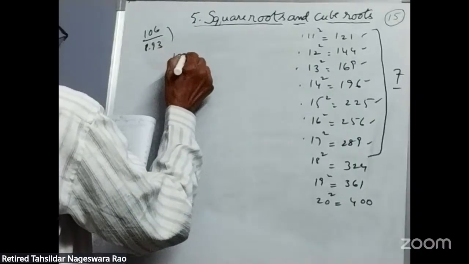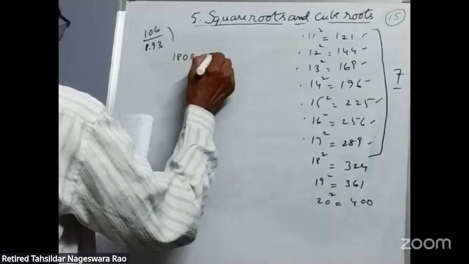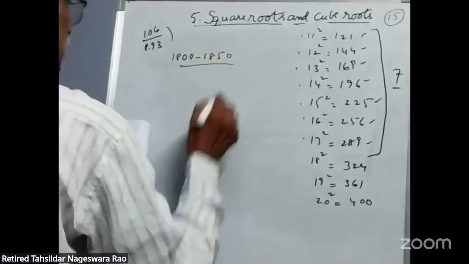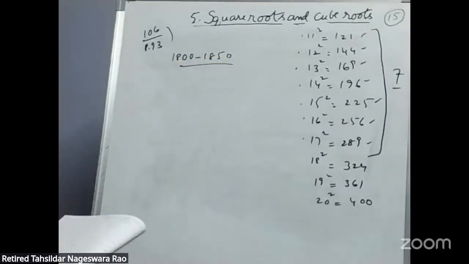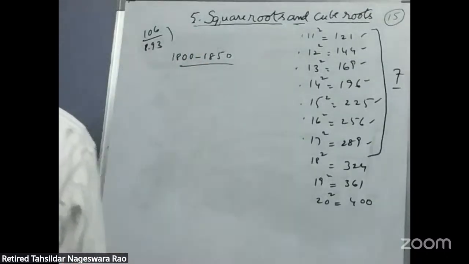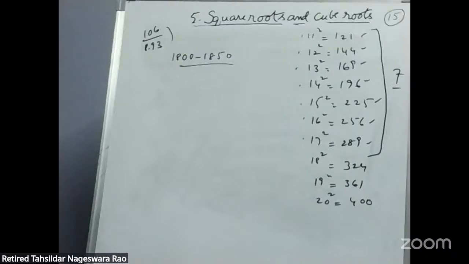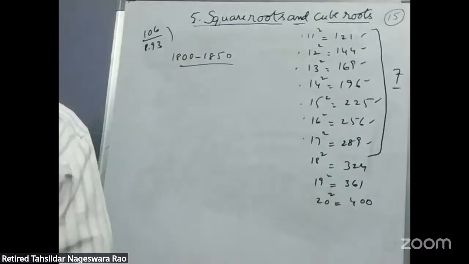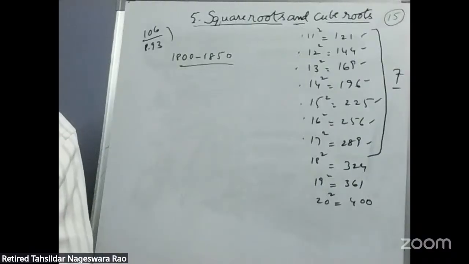Between 1800 and 1850. So he was born between 1800 and 1850.